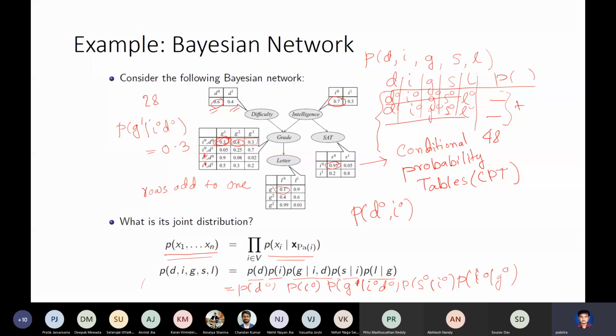So it is a much more compact representation. That's the main benefit. And you can reconstruct back the full table anytime you want from this compact representation by applying this factorization rule.